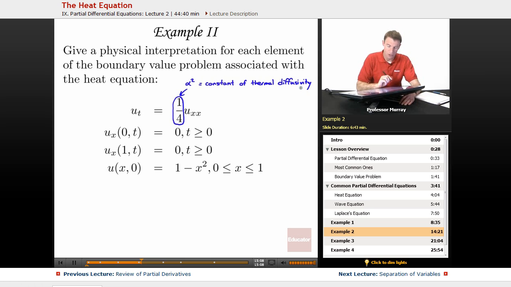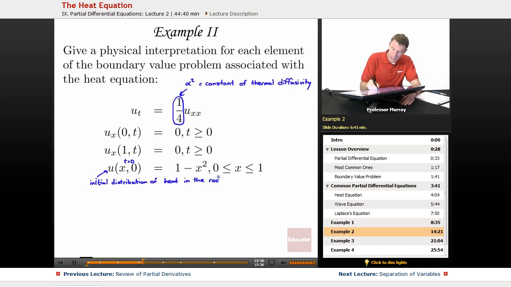And I switched these around a little bit. The u of x,0 means we've plugged in t is equal to 0. So that's the initial distribution of heat in the rod, or the initial temperature distribution in the rod.